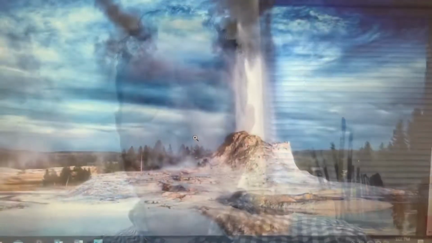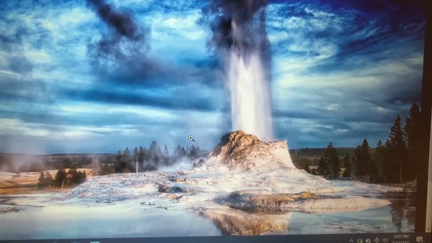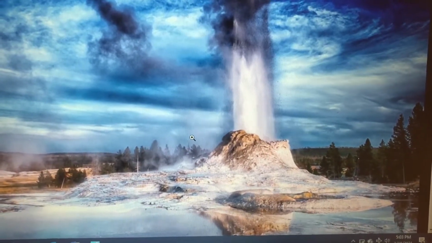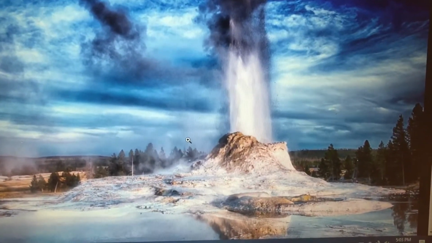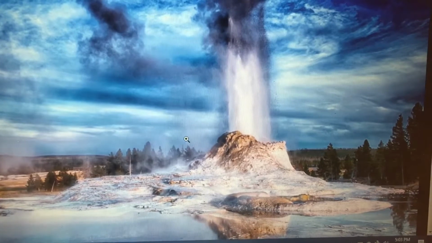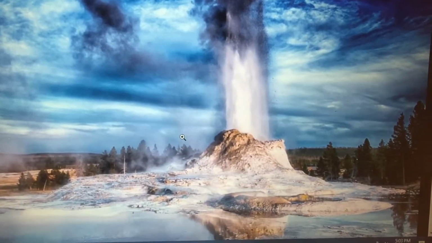Just in case you don't know, let's look at a picture of one. That's a geyser, okay? It is an explosion of water that just comes out of the earth, and it is hot, okay? It is very hot.